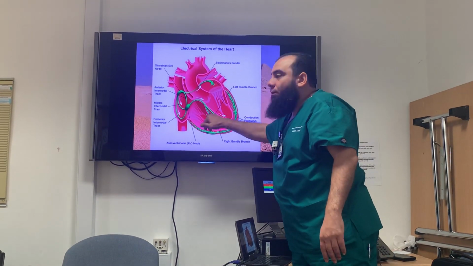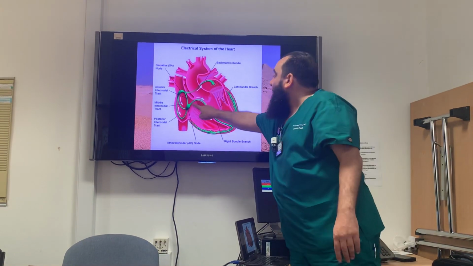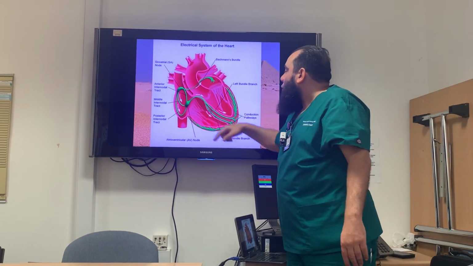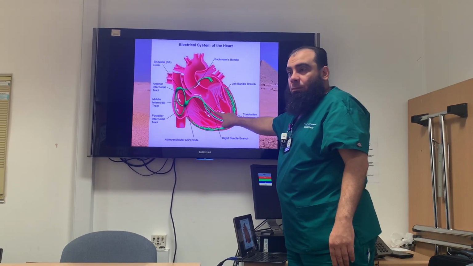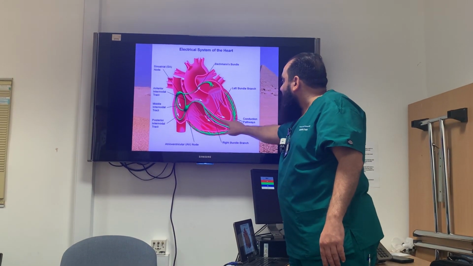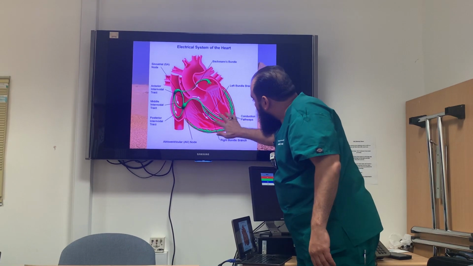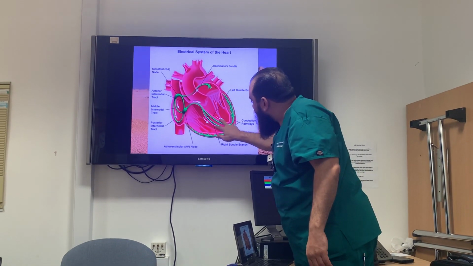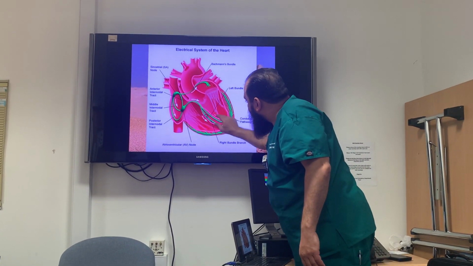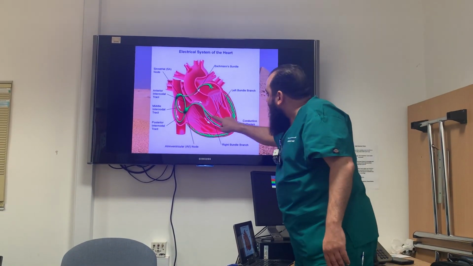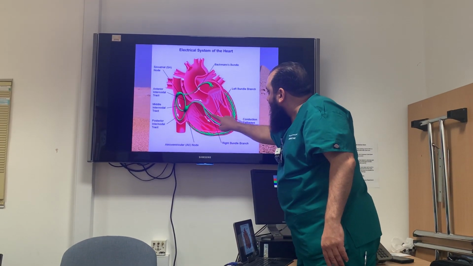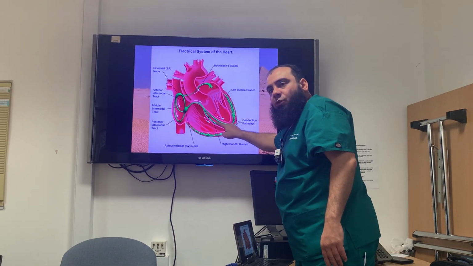We have a block here. So the impulse comes this way. Where does it go? To the left one, the left branch. This is the septum, this whole septum. Can you see it? This right ventricle, this left ventricle, this whole septum, and these bundles run in the septum, one next to the left ventricle and one next to the right ventricle.